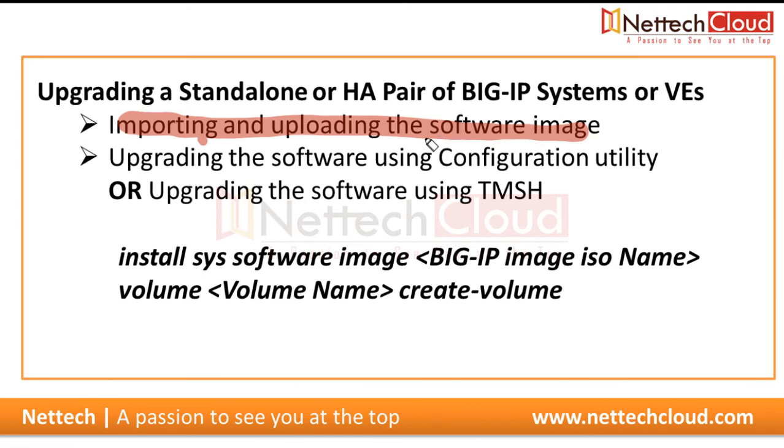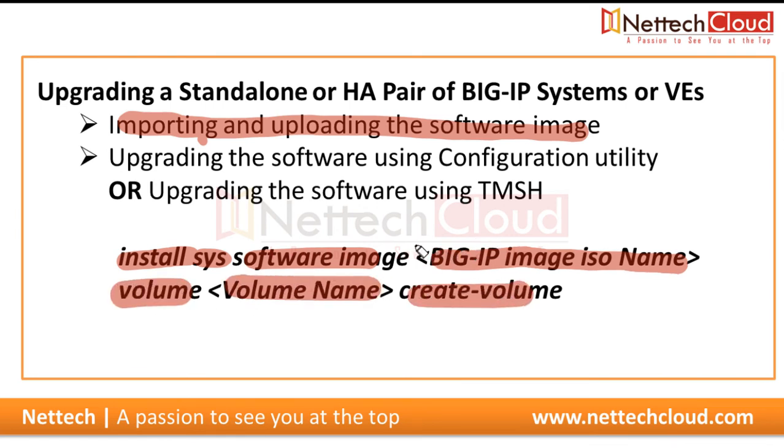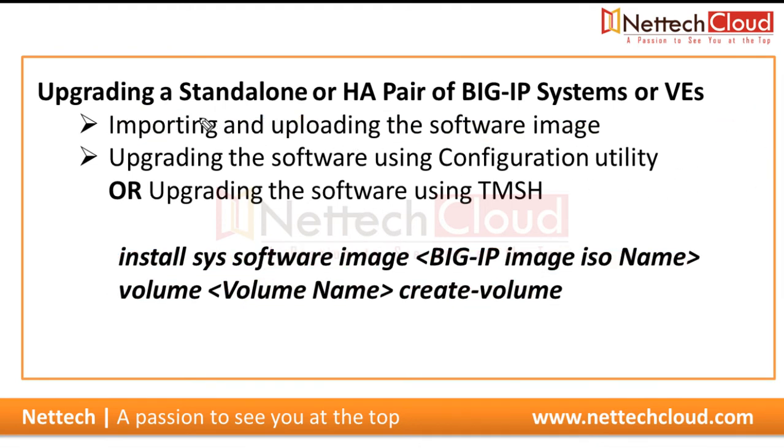First, of course, I need to download the software, and then I will import or upload the software image there, and then run the command install sys software image, BIG-IP image ISO name, then volume name, create volume. Why this command is required, I will also talk about, and where to put the image. Whenever we import the new image, for example here 16.x, we can do that from GUI mode or CLI mode.